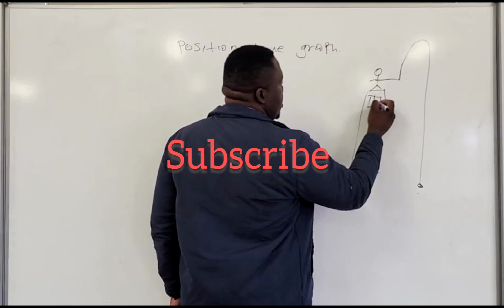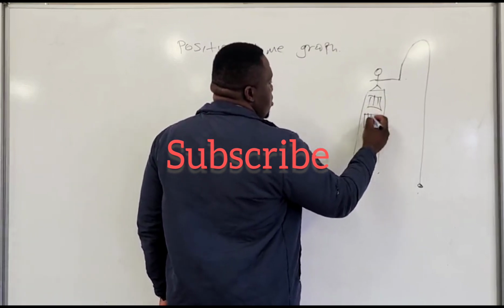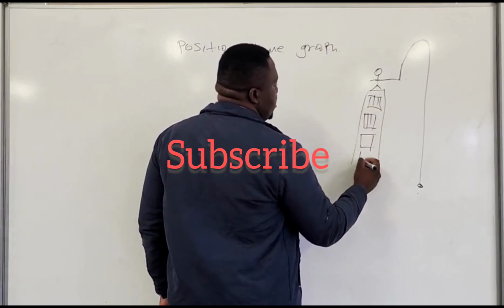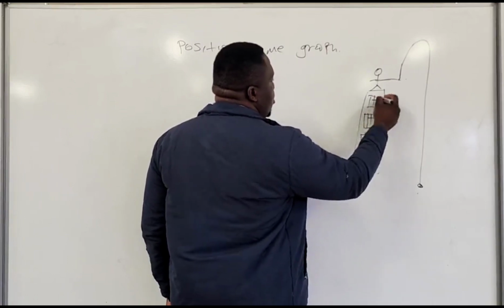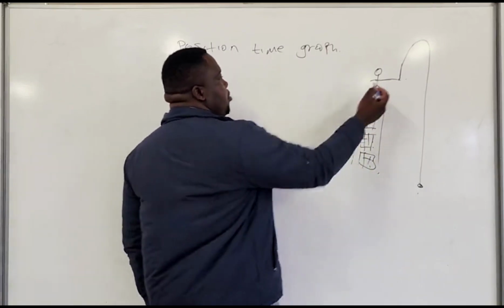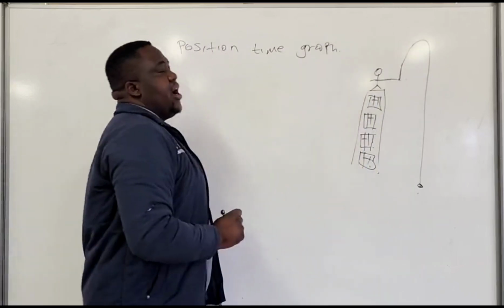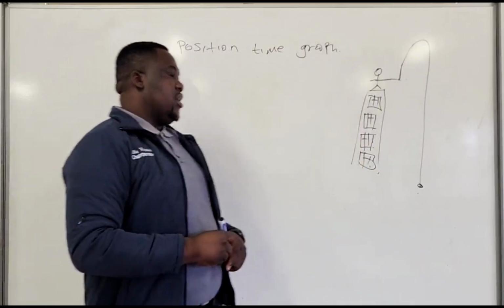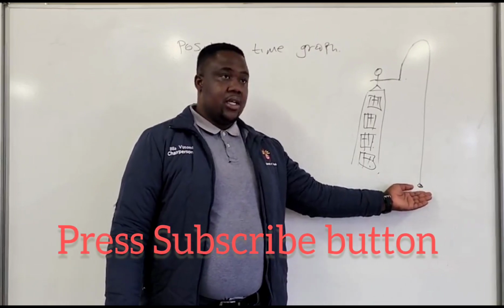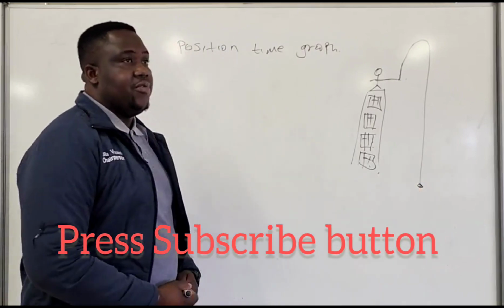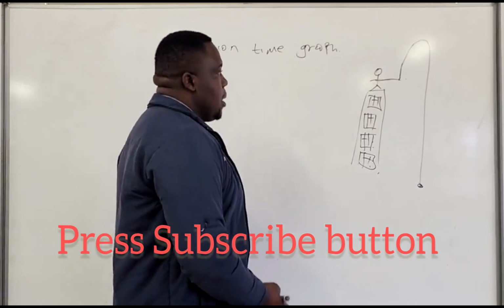But this time around it does not come back to where it started. The person is standing at the top of a building. The person projected a stone up, and the stone fell on the ground.